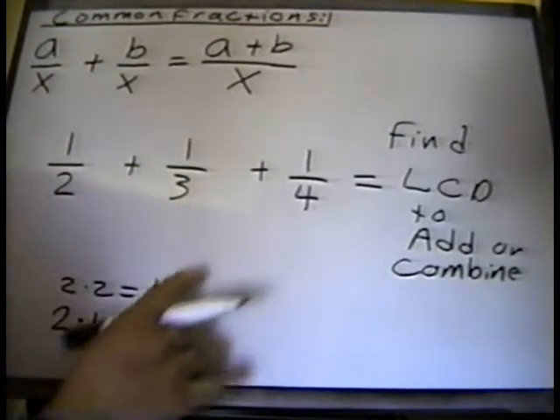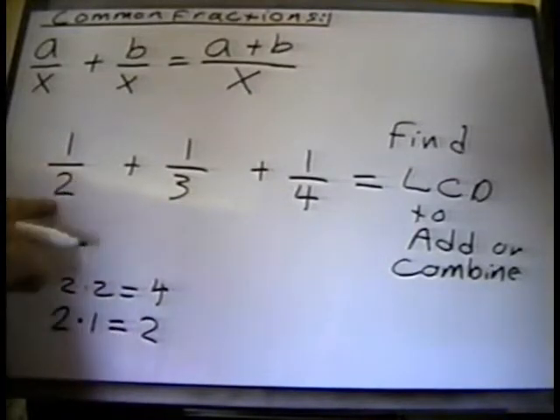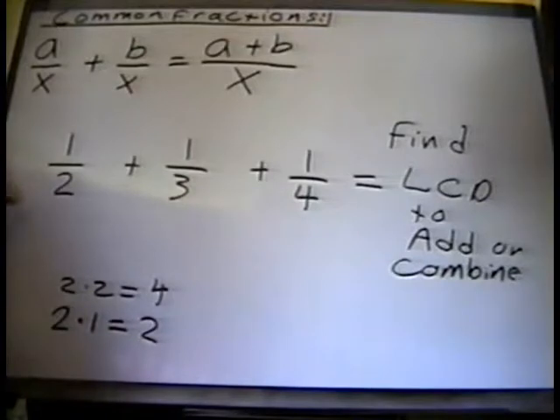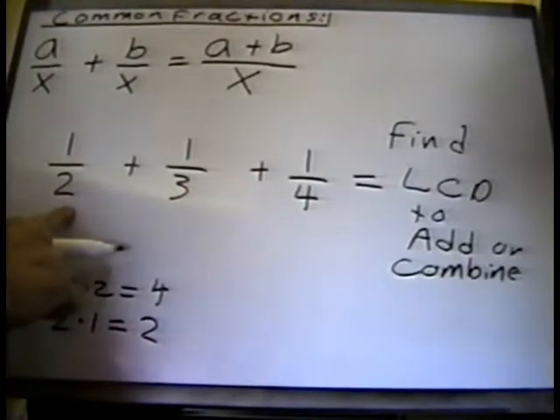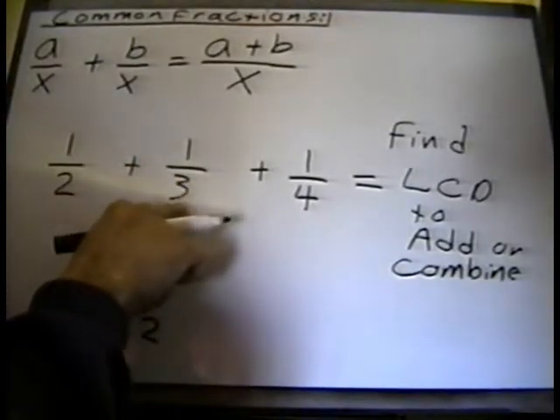Now see, if I multiply 1/2 by 2 over 2, I will get 2/4. But we still have an unlike denominator of 3.